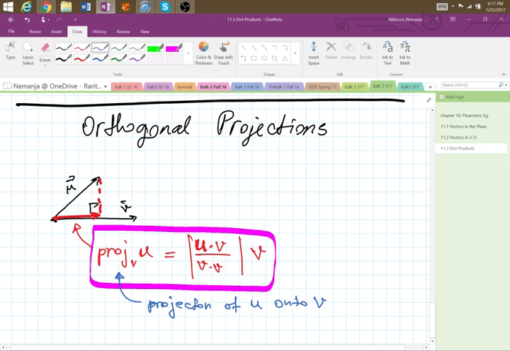What is the direction of this projection? Same direction as v, right? Because the projection of u is happening onto v. V is that base.